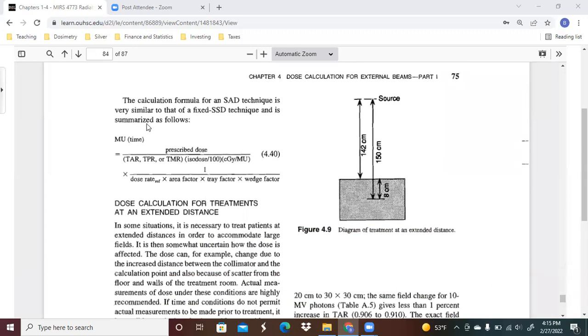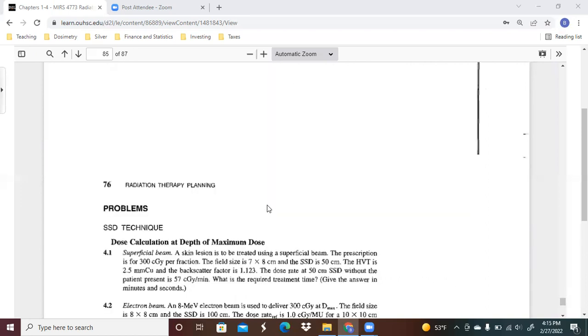So what we're seeing here is that our MU equation is becoming much, much bigger.